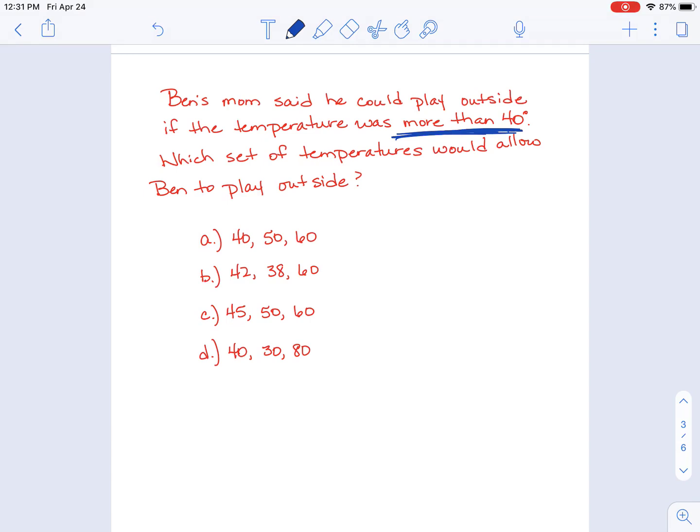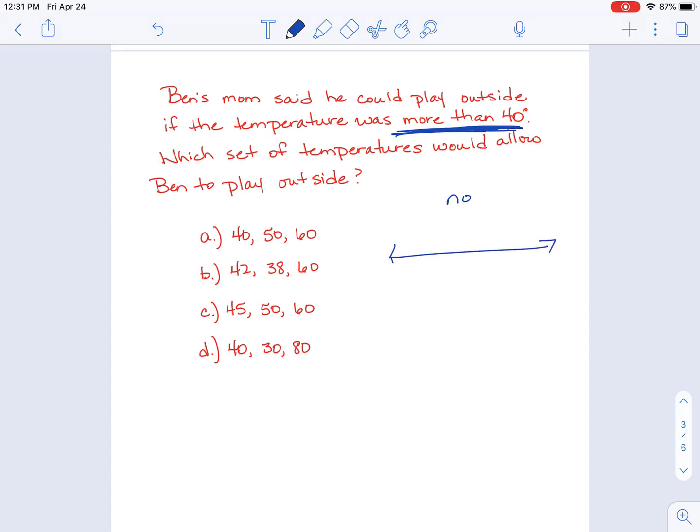If it has to be more than 40, can it be 40? No. It cannot. It's got to be more than 40. So it's got to be bigger than 40. So I know A's out because it can't be 40. I know D's out because it can't be 40.